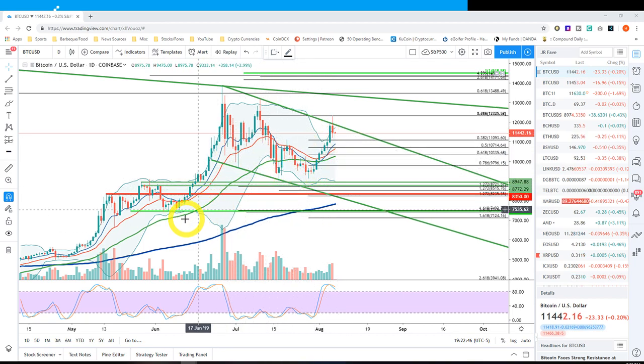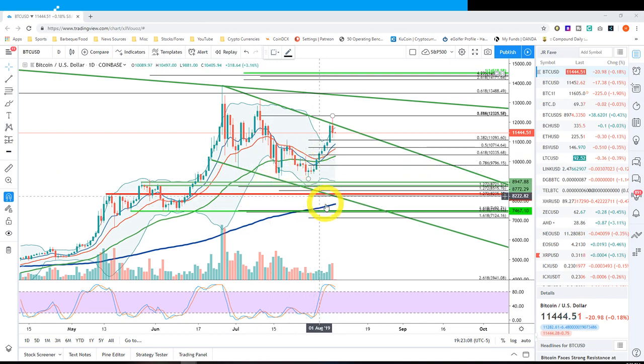But right now, the key to me, and it's the same on this chart with the Coinbase chart, is I like when the moving averages are still going up, especially the 50 and the 200. When those are going up, the 10 and the 20 are going to fluctuate all over the place.